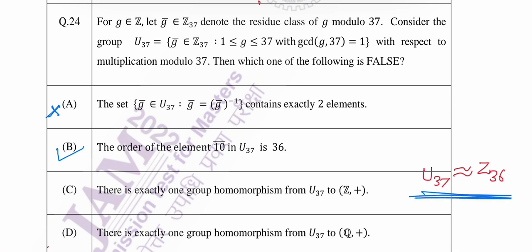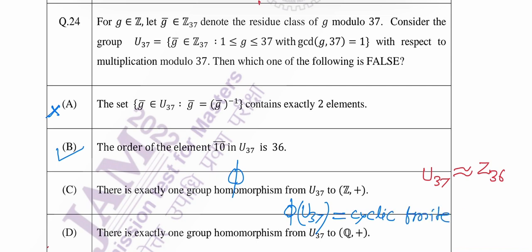From this relation, U37 is a cyclic group, and also it is finite. So we can say that U37 is a finite cyclic group. So its image, phi of U37, where the homomorphism is phi, must be a cyclic group of finite order.